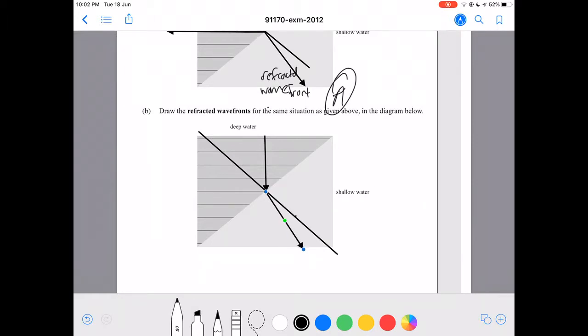Therefore, all of these wavefronts here will be perpendicular to our refracted ray. So here comes the tricky part. We're going to be making it perpendicular to our refracted ray.